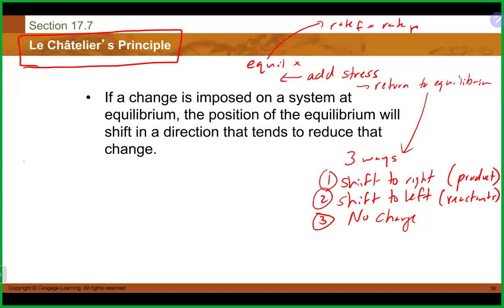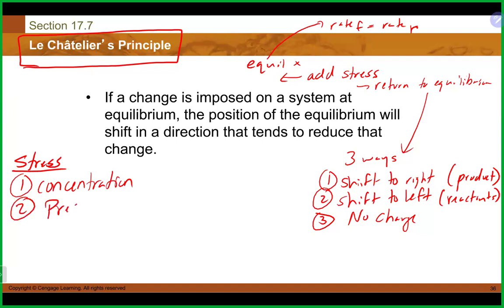So, what are these sort of stresses that you could do to a system at equilibrium? You could do something with concentration, so you could either increase or decrease concentration. You could do something with pressure and volume if you're dealing with a gas. You could do something with temperature.